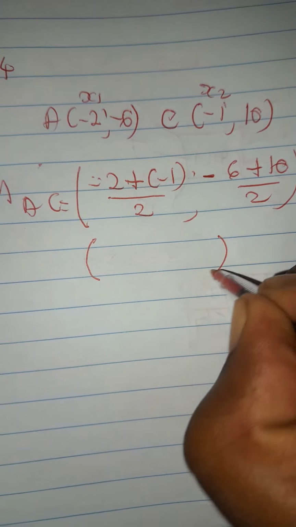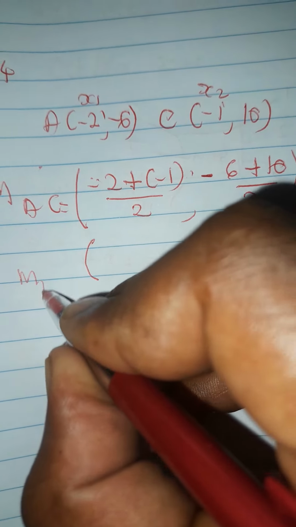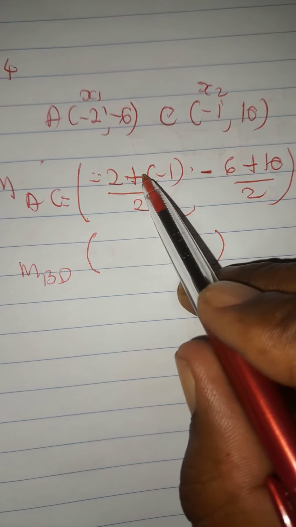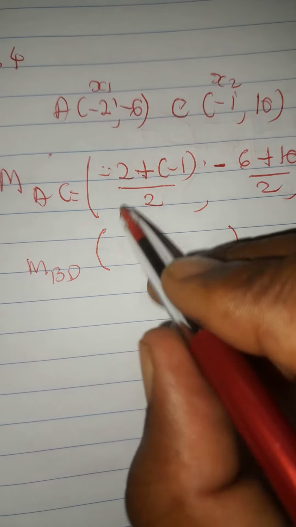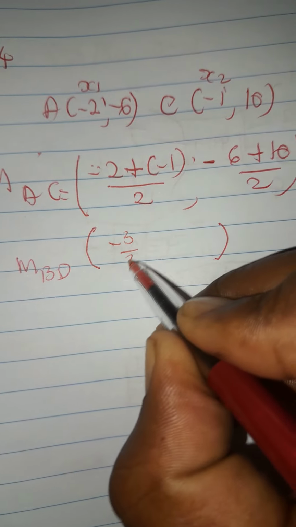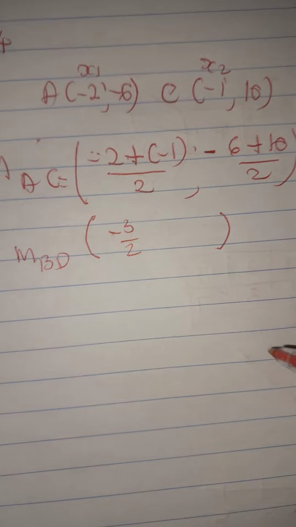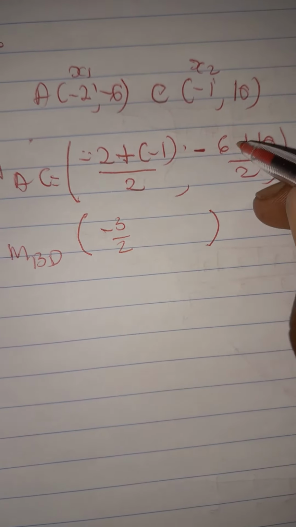Okay, we're calculating the midpoint of BD. Let's just say midpoint of BD, because AC and BD share the same midpoint. You can just say the midpoint. Negative 2 plus negative 1 will be negative 3, so it will be negative 3 all over 2. Negative 6 plus 10 is the same as 10 minus 6, that's 4. 4 divided by 2.